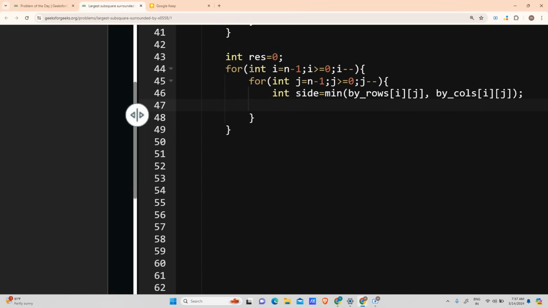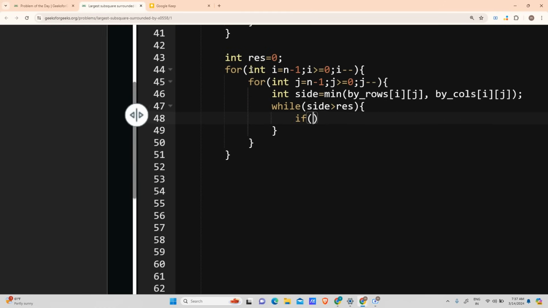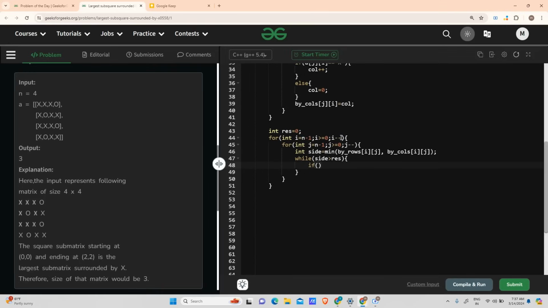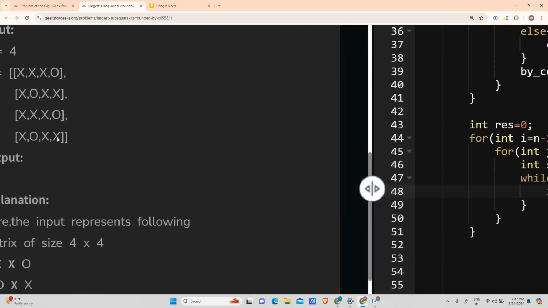Okay, now what we will do, we will say while my side is greater than result, what do we do? We'll have to find the index of this element. Suppose I'm here, you can see my cursor, right? I'll have to find the index of this element and the index of this element, right?